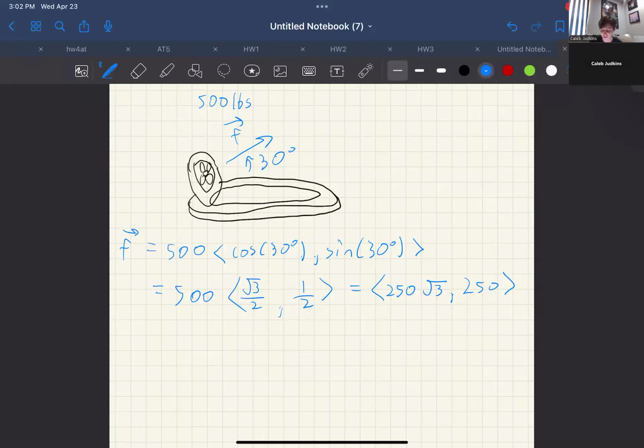So how can I figure out the force that is applied purely horizontally in this situation? Well, because the fan is aimed up a little bit, we're losing some of the energy here, right? Some of the pounds of force that is pushing the boat along is pushing it upwards, and we're losing that.